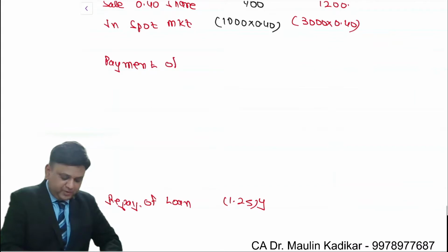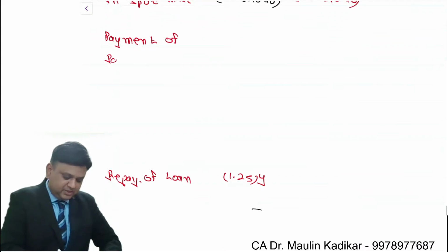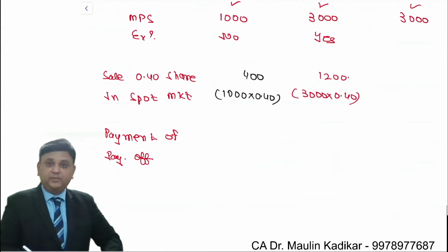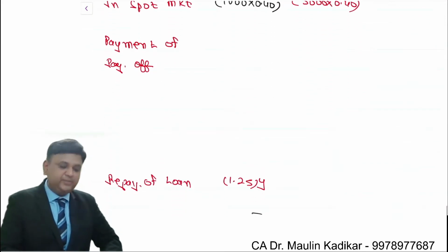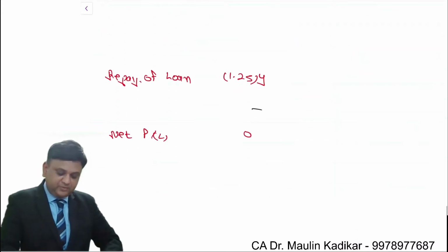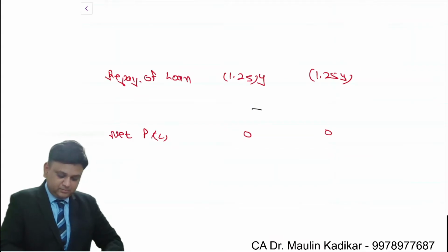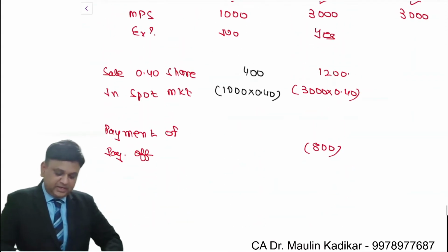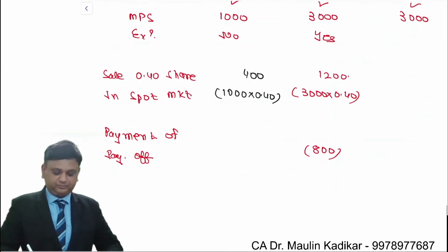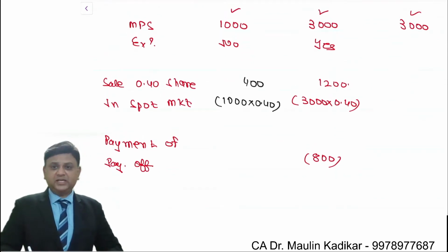Then the payment of payoff. What is the payoff amount? We understand that in that case the payoff amount is rupees 800. Then 1.25y. And so the final profit or loss is 0. Accordingly, we are required to make the calculation of the answer. That is the second method.